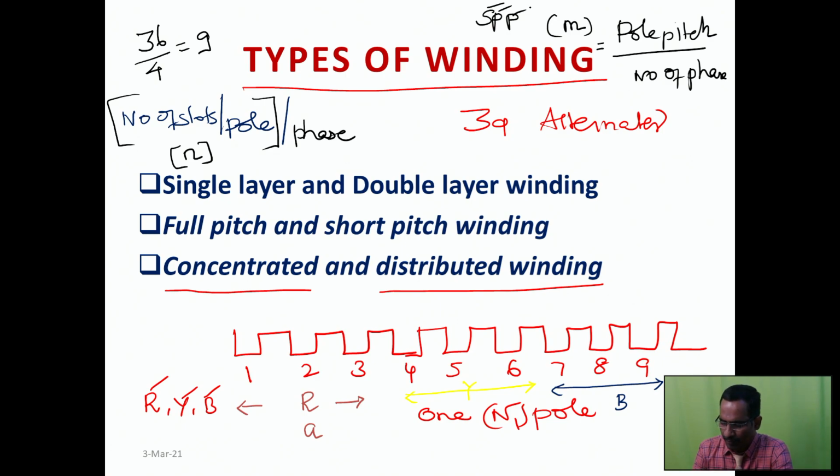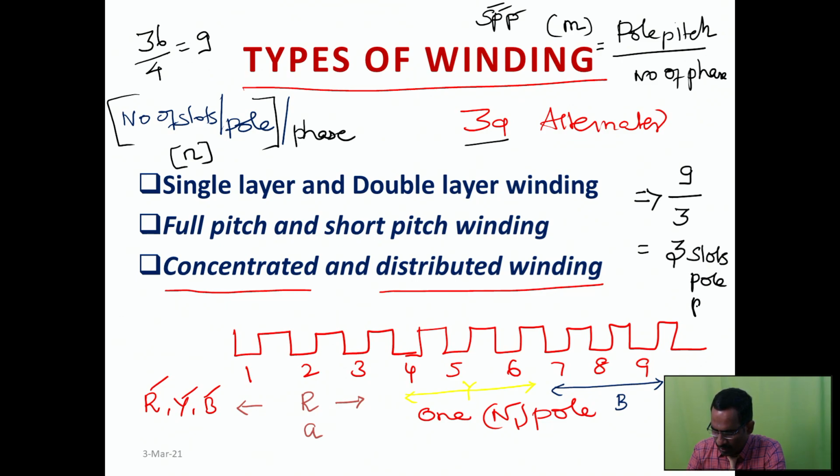As per our parameters, the pole pitch is 9. We are going to design this as a 3-phase alternator. Divided by 3, I will be having 3 slots per pole per phase.